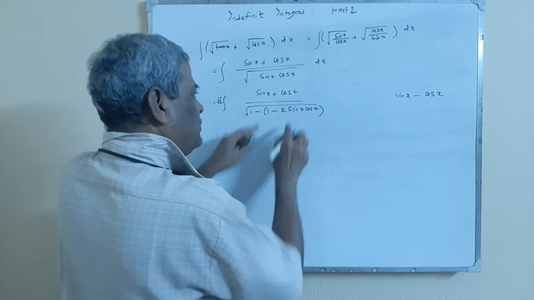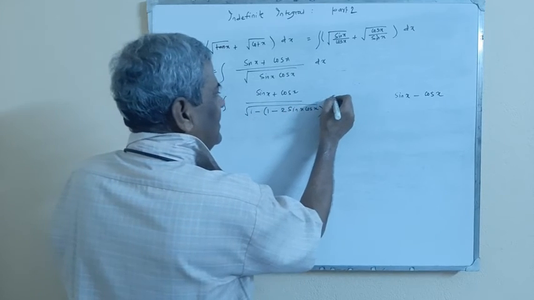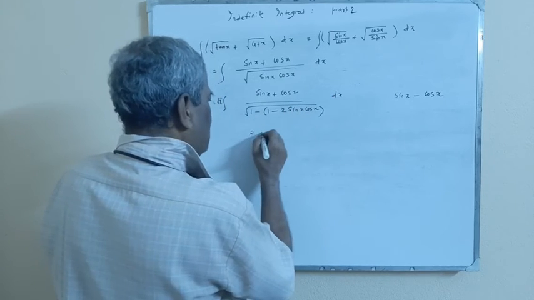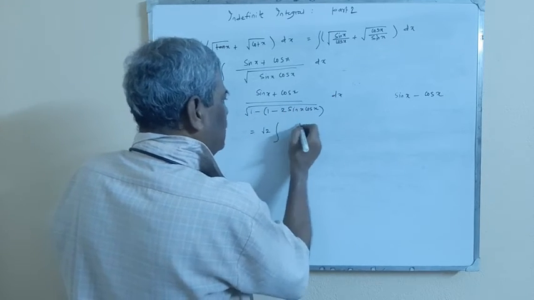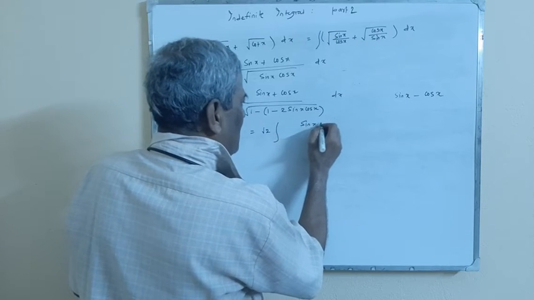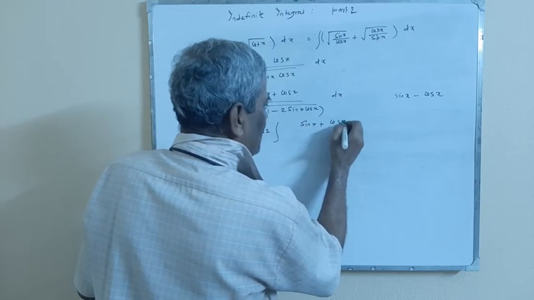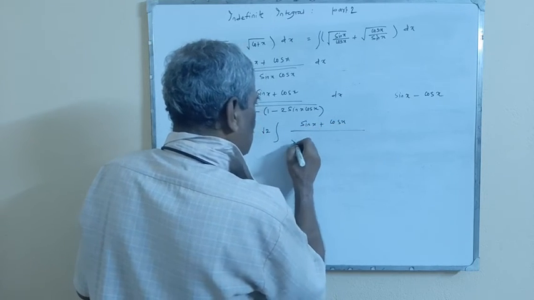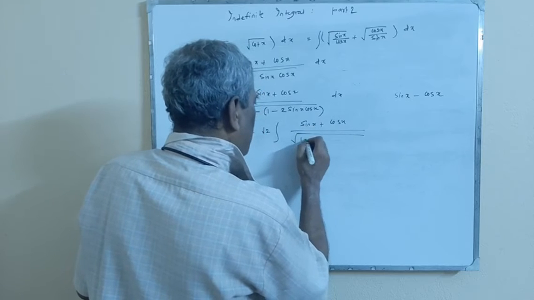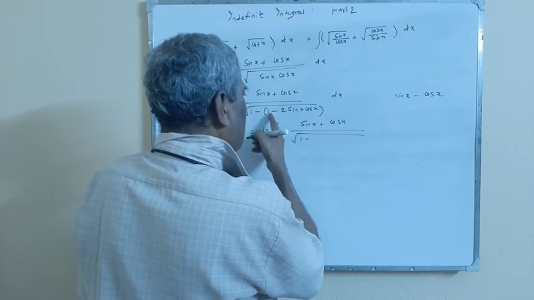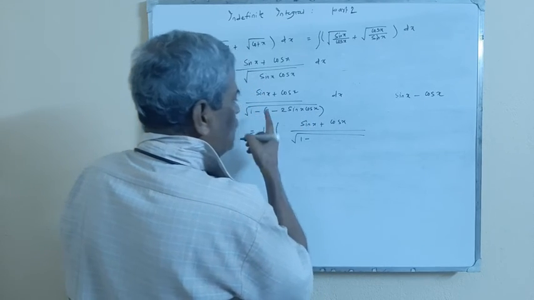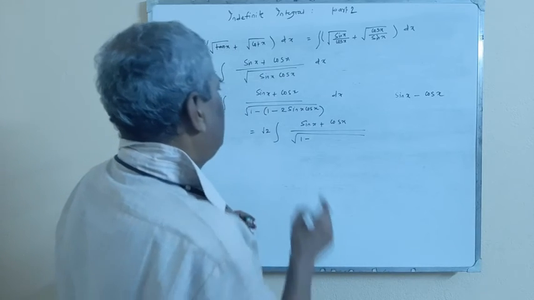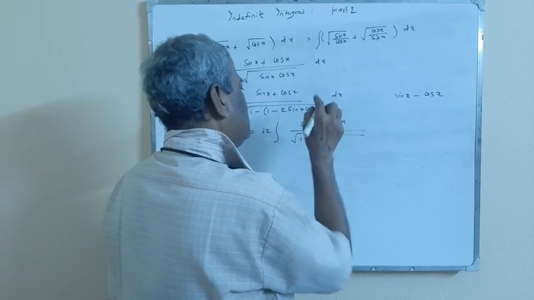It was plus 2. So take 1 dx, so that it is equal to root 2 into sin x plus cos x divided by root over 1 minus, this actually gets together, it is sine square x plus cos square x minus 2 sin x cos x.